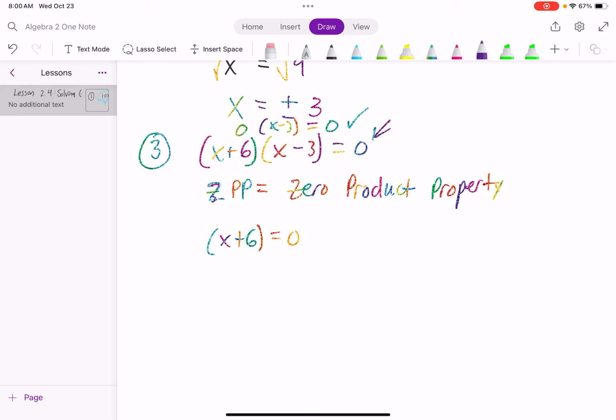Well, we move this. Do we really need parentheses? No. We don't have anything outside of the parentheses to be distributing, so we could just take those off, subtract the 6 from both sides to isolate the x.